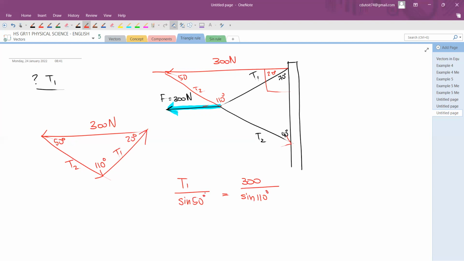Okay, complete that. I get 244,56. Please try and find this value. 244,56 newtons.